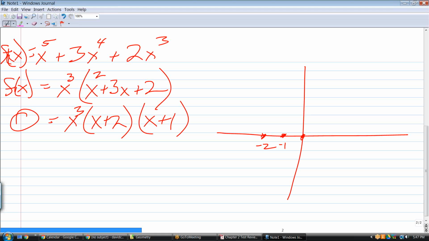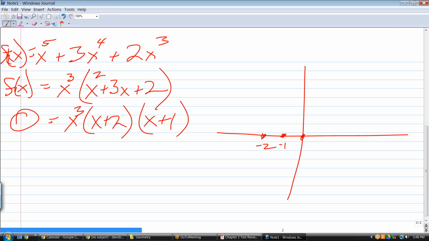I would suggest always starting from the left. The left goes to negative infinity and the right goes to positive infinity. In other words, I'm starting from down there, right? That's the only real question I have, is whether to start from down here or start from up there. Well, that would indicate that the end behavior was positive infinity. We've solved and discovered the end behavior is negative infinity.